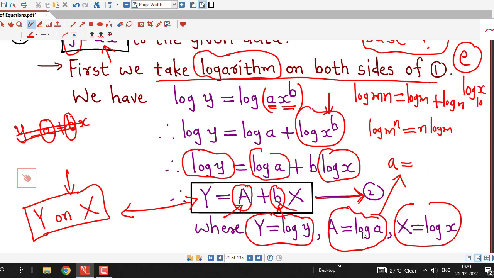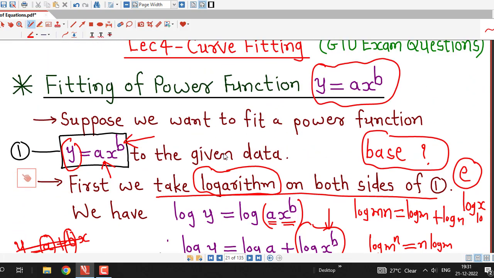We know that if capital A equal to log a to the base e, then we can write a equal to e to the power capital A. Suppose we have taken logarithm to the base 10, then a will be equal to 10 to the power capital A. So whatever base of the logarithm is taken, we have to raise that base to the power capital A. Again, I emphasize that there is no restriction on the base of logarithm. If you wish, you can use natural logarithm which has base e. If you wish, you can use logarithm to the base 10 also.